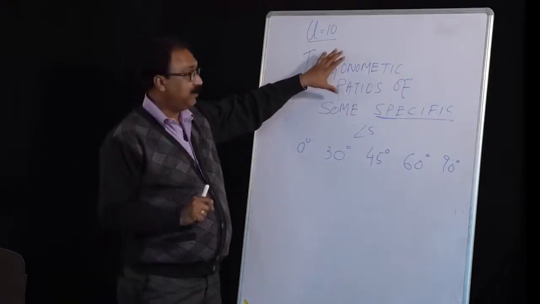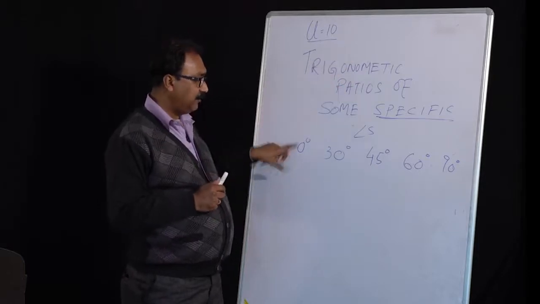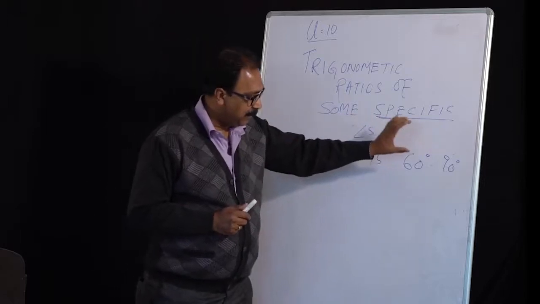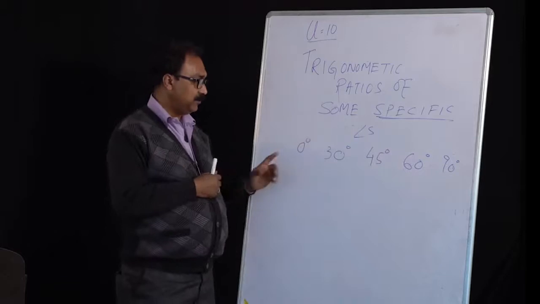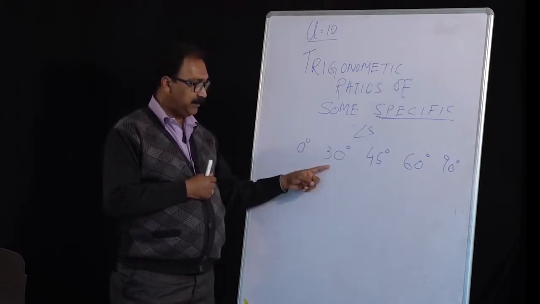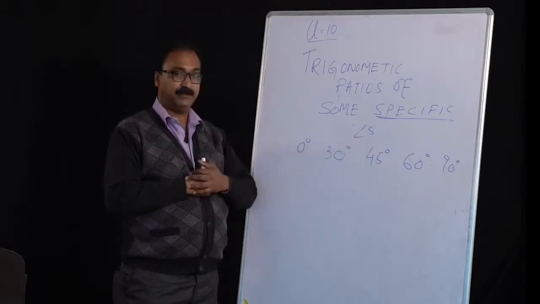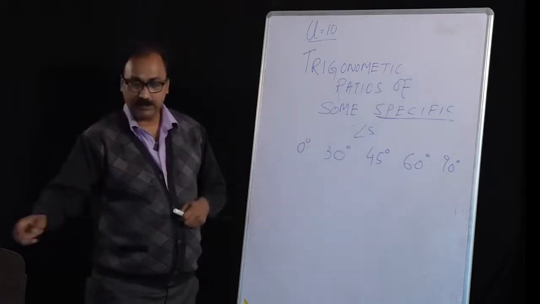According to those trigonometric ratios, if the angle is 0, 30, 45, 60 or 90, what is their value? That is what we are going to discuss. So please note it down. What are the specific angles? 0 degree, 30 degree, 45 degree, 60 degree and 90 degree. One by one we will discuss. Clear?